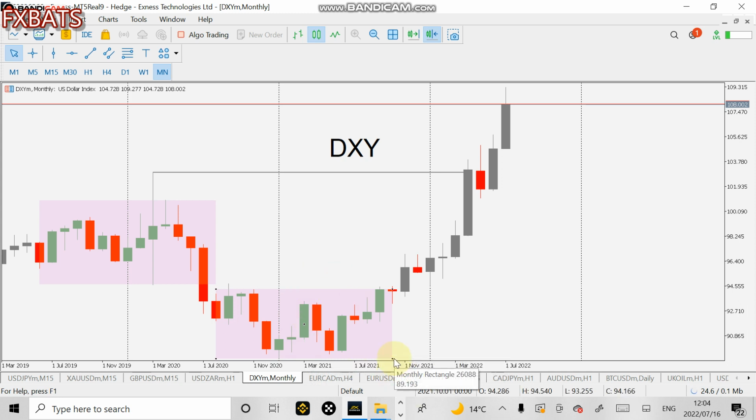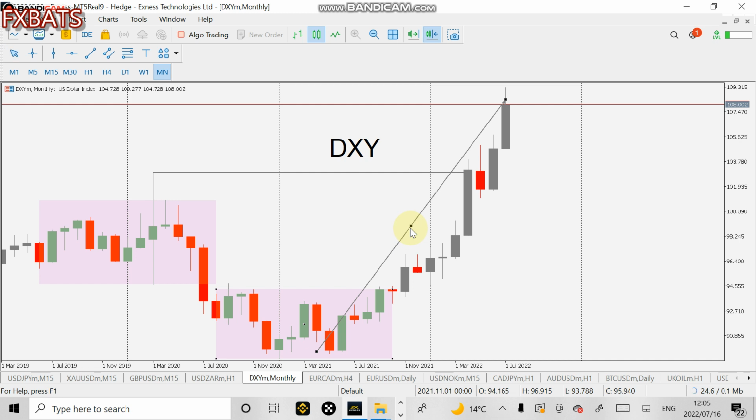Accumulation is the typical range. It's the same as distribution. So what we saw in 2021, the dollar index started gaining back its strength. In 2022, it continued the rally, breaking the previous high which it had made in March 2020.